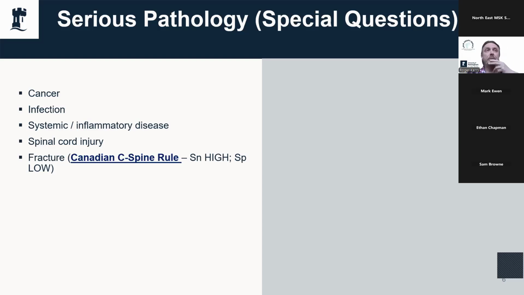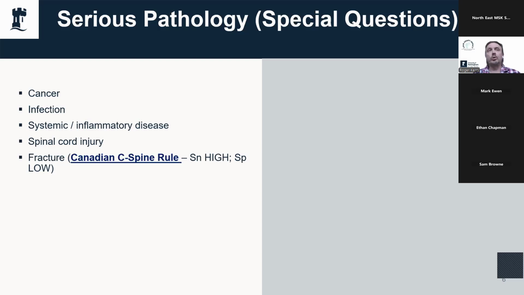Infection, systemic inflammatory disease, spinal cord injury, and fracture are the most common serious pathologies we're likely to come across. Primary and secondary cancers can affect the head and neck. All of these are capable of producing pain, and some part of their pathology can look a bit like musculoskeletal pain, so that's why we're talking about it.